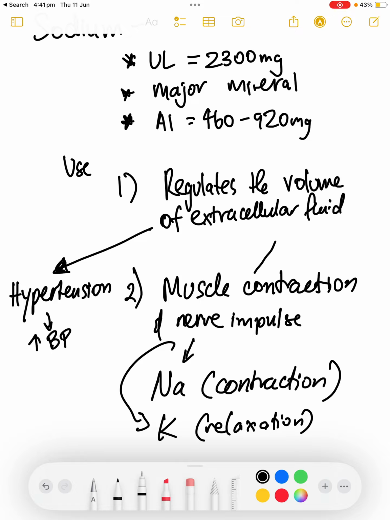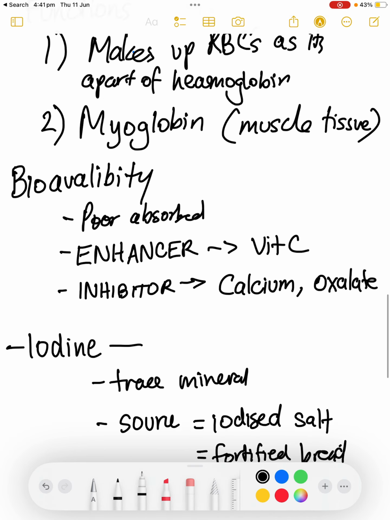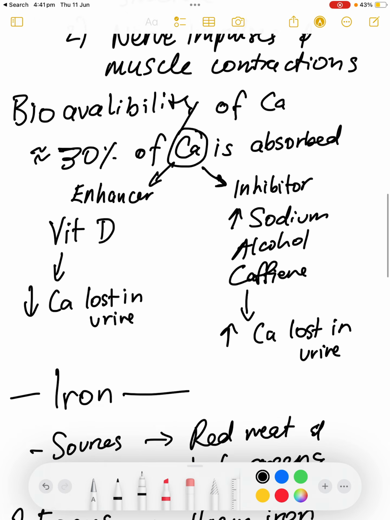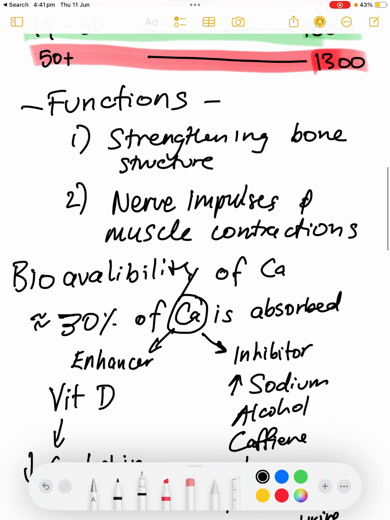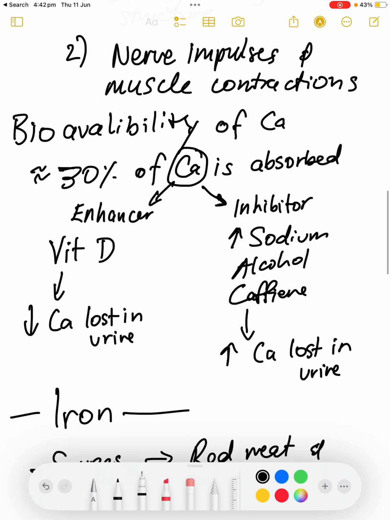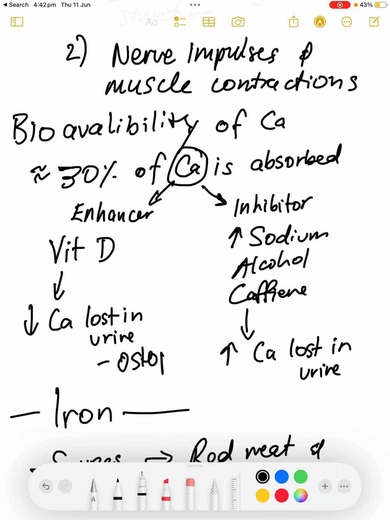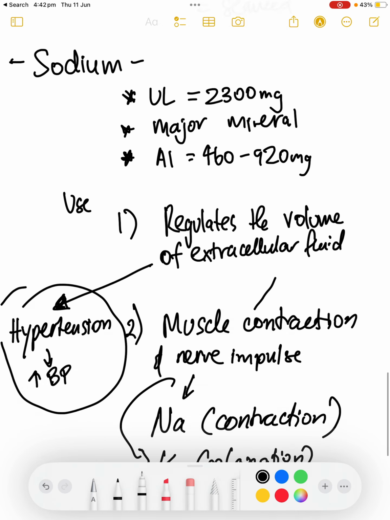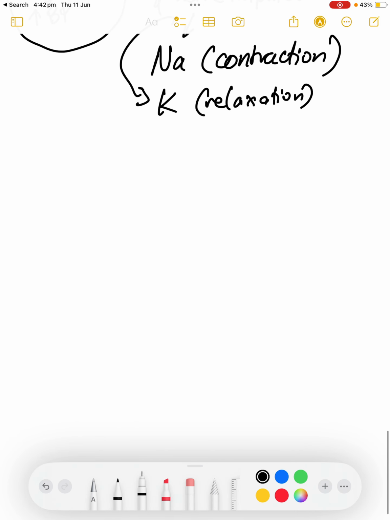Okay, and as I said earlier, hypertension is one thing that can be linked to excessively high sodium. And if we go back, and I should have said this earlier, with excessively low amounts of calcium, two things can be osteoporosis, which is more so in your older generation, and rickets, which is bow-legging in the younger generation, because of that too, all right?